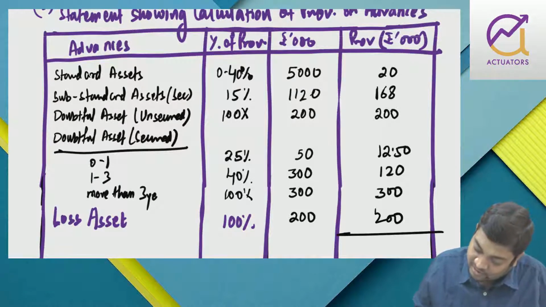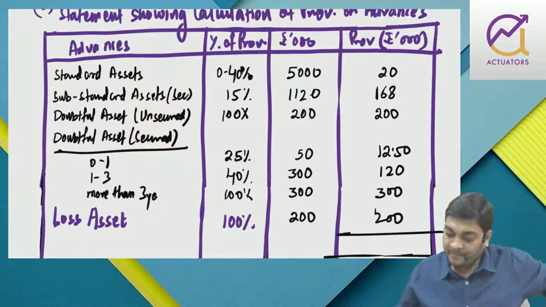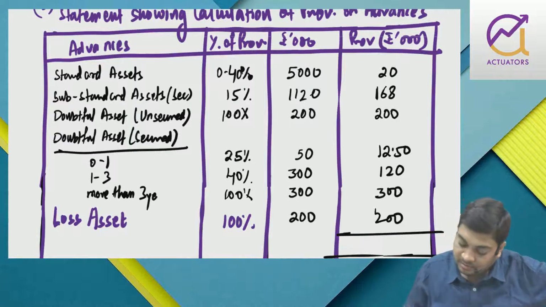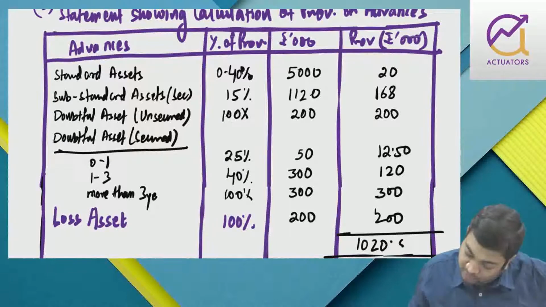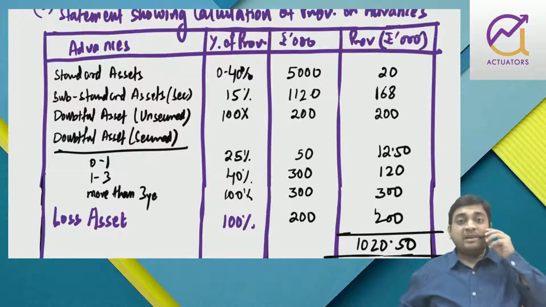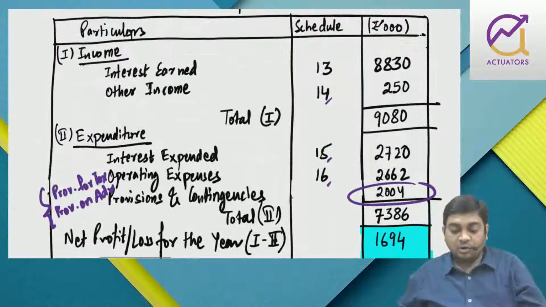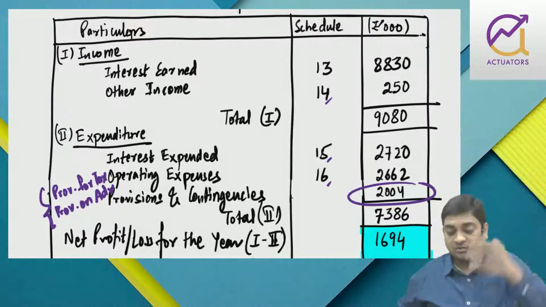This is 200. 188 plus 200 plus 12.5 plus 50 plus 500 gives 1020.50. So it means that total provision and contingency is 2004.